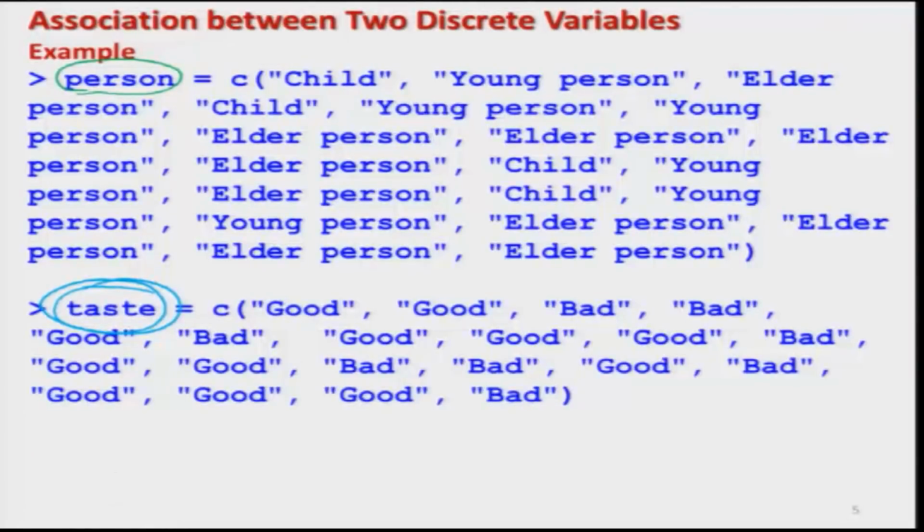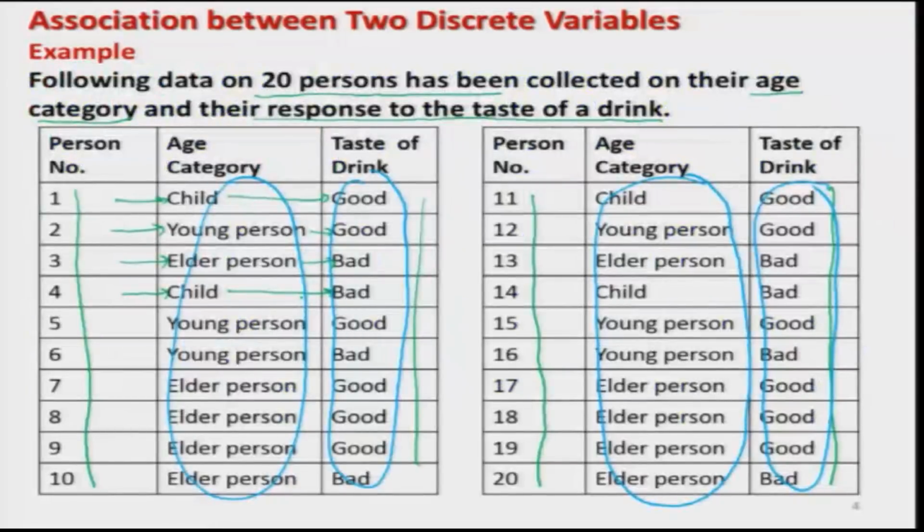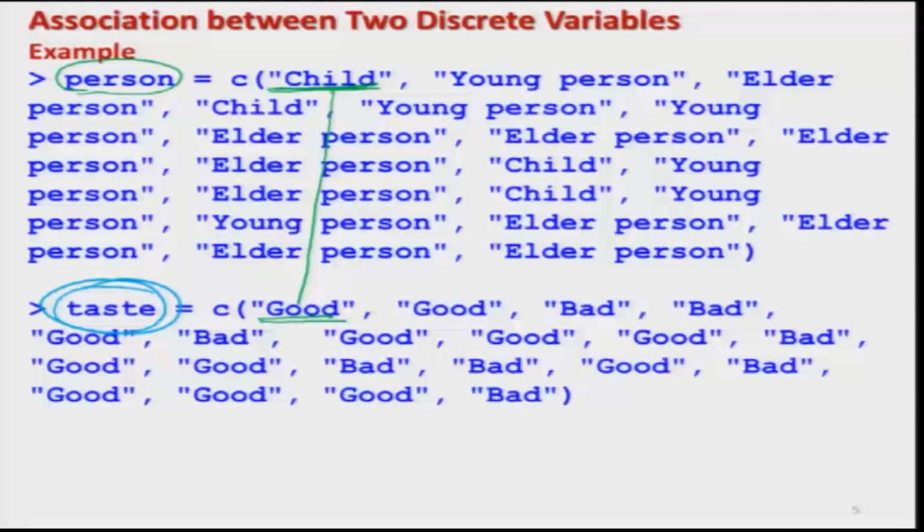Same order means the first person is a child and this child said the taste is good, and if you look at the data vector, the child is saying the taste is good and so on. So these observations are written exactly in the same order as in the table.